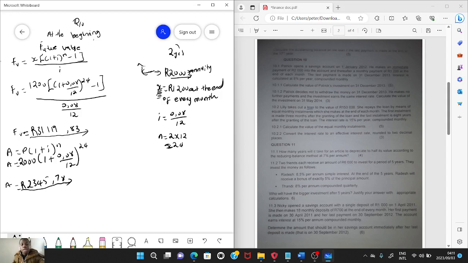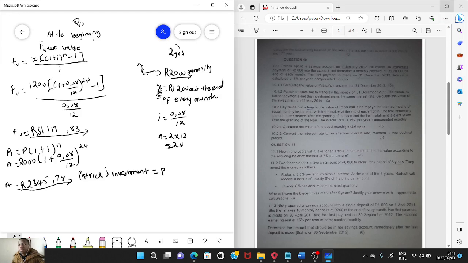So now we will say Patrick's investment is as follows: the sum of the two. I will add the present value.